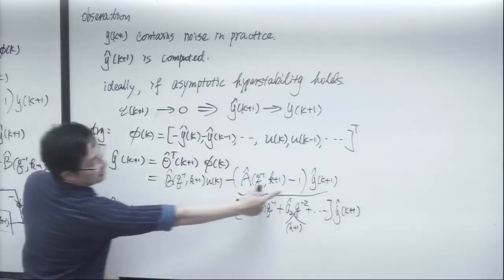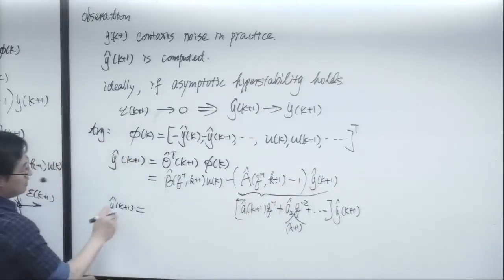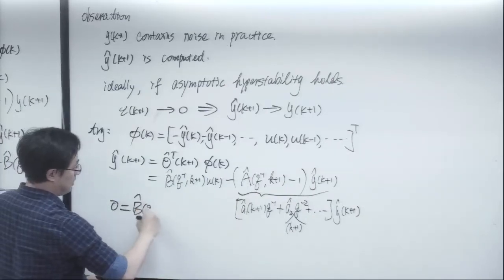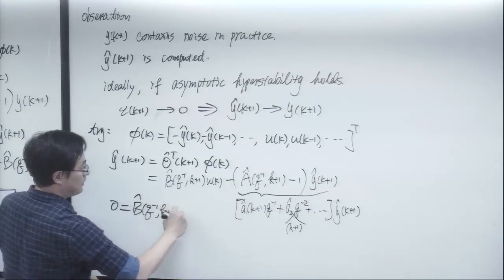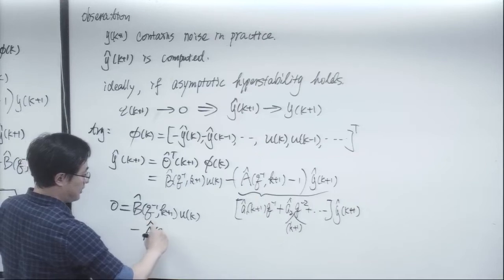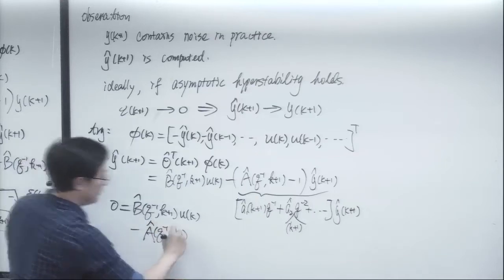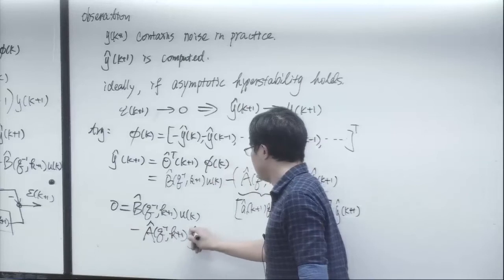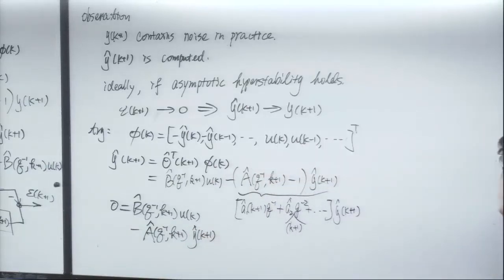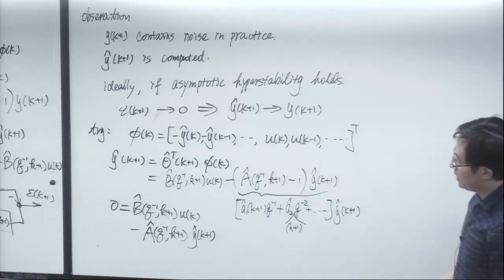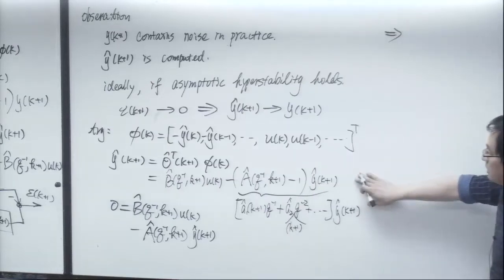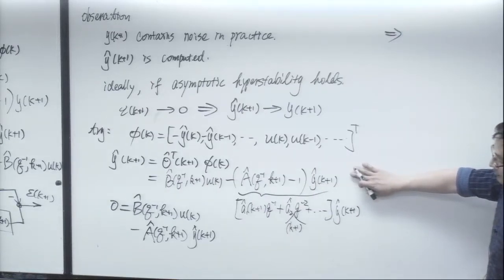y hat here, another y hat k plus 1 here. So it is 0 equal to minus A hat operated on y hat k plus 1, just out of the formula here.